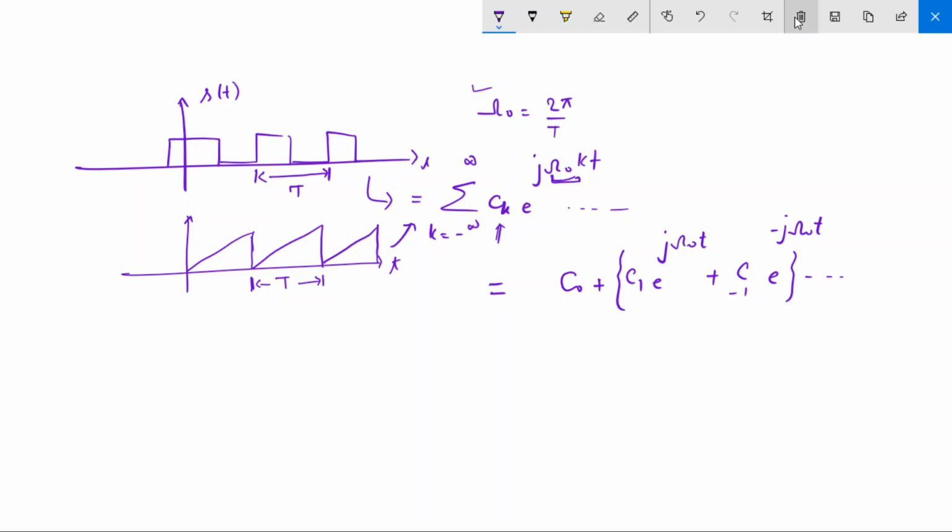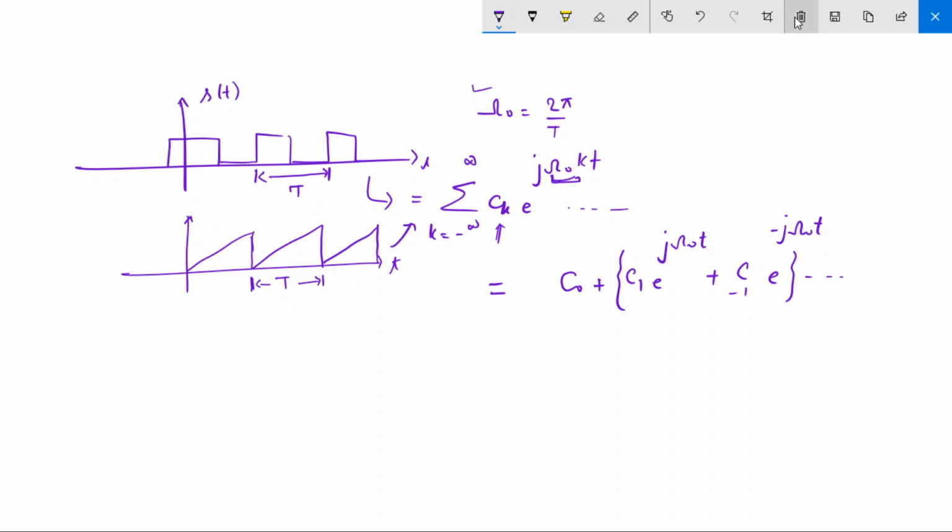Whenever we talk about frequency, a single frequency means a pure cosine or sine wave, or a pure complex exponential signal. Although this is a periodic signal, it does not mean it does not have a frequency. It has its own frequency, that is 2 pi by T. But when you go for frequency analysis, you have to decompose this signal in terms of sine and cosine functions or complex exponentials.